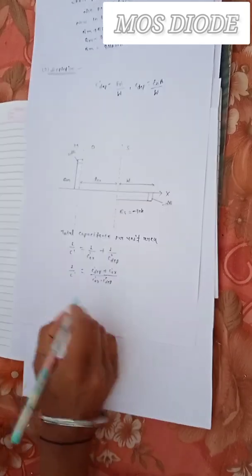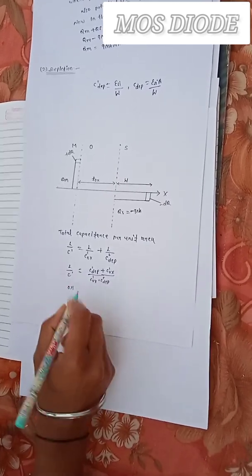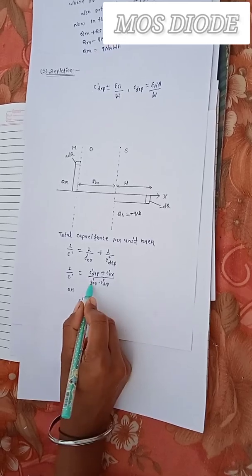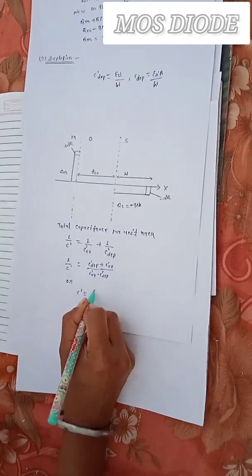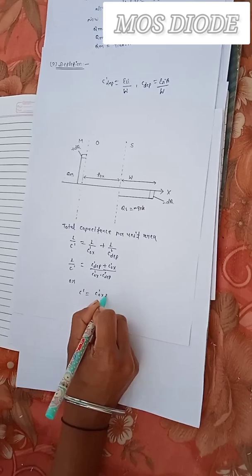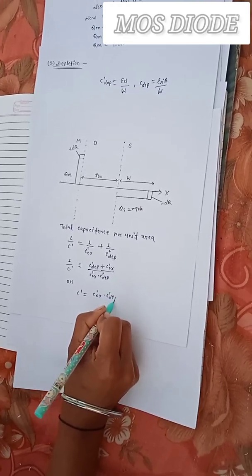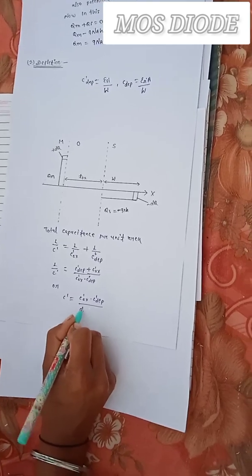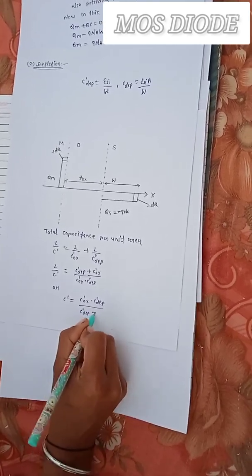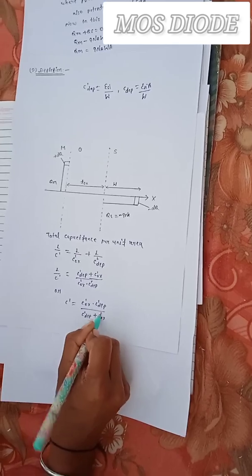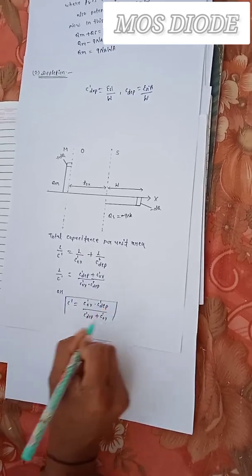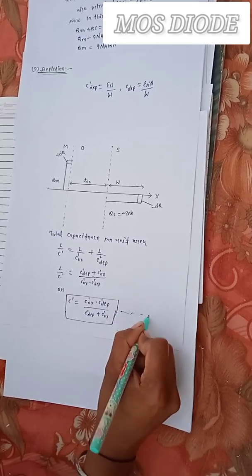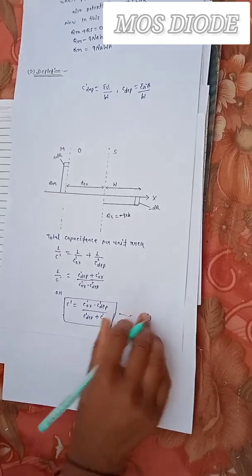So C dash equals C ox prime into C dep prime upon C dep prime plus C ox prime. This is the value of C dash for the depletion case, and this is equation number one.